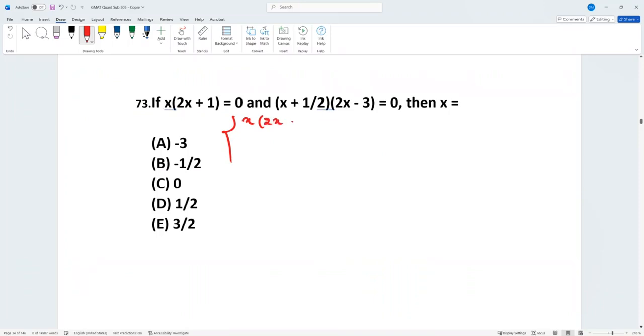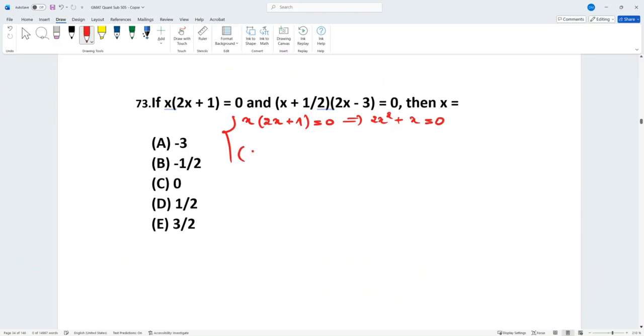X times 2x plus 1 equals 0, and then this is going to lead us to 2x to the power 2 plus x equals 0.